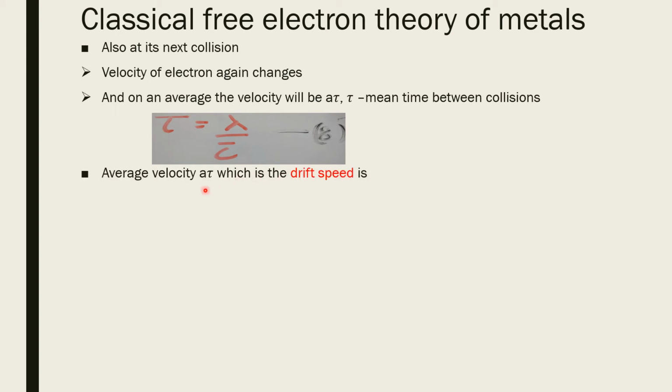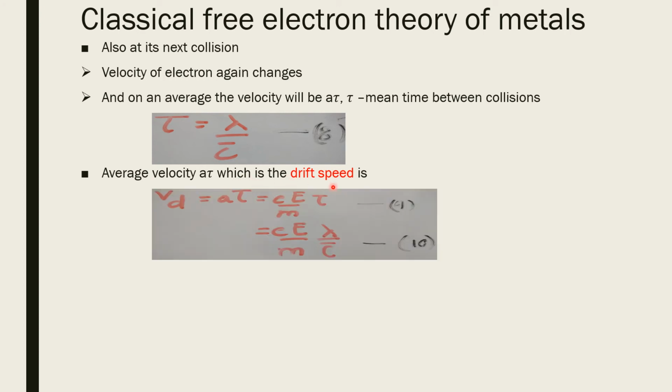The average velocity a tau, which is also called the drift speed, is given as v suffix d is equal to a tau. Substituting a, we get E by m into tau, equation number 9.